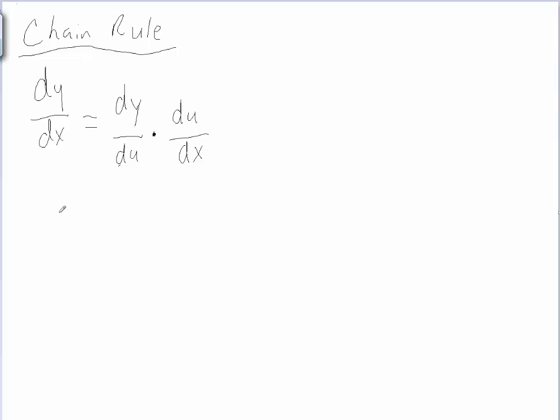So if we have y equals 3x squared minus 7x plus 2 to the sixth.